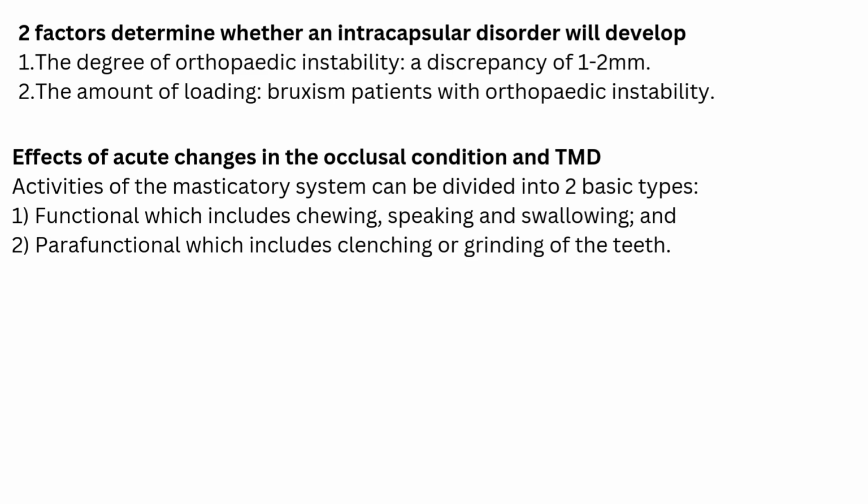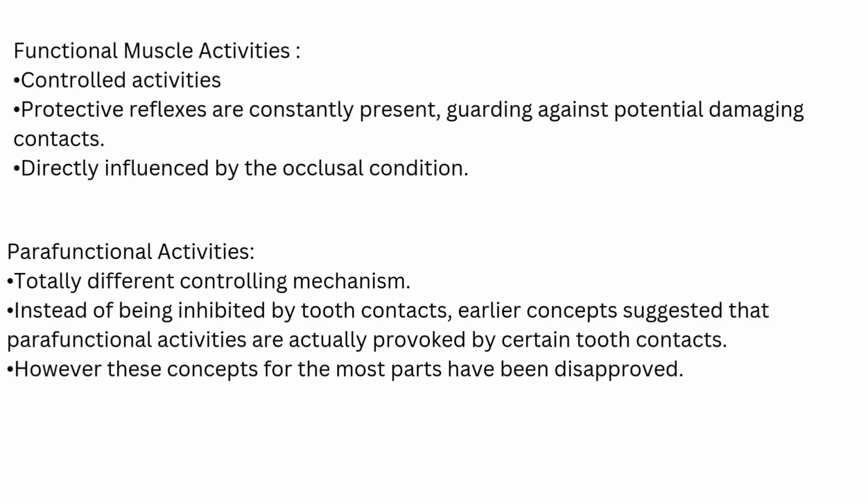So first is activity of the masticatory system. This can be divided into two basic types. First is functional, like chewing, speaking, swallowing, which we do normally. The other is parafunctional habits, which can also lead to TMDs, like clenching or grinding of teeth. The functional muscle activities are controlled. They are protective reflexes which are constantly present, right?